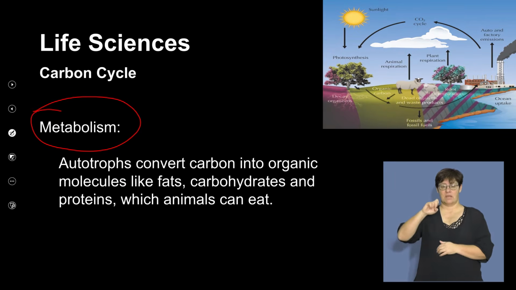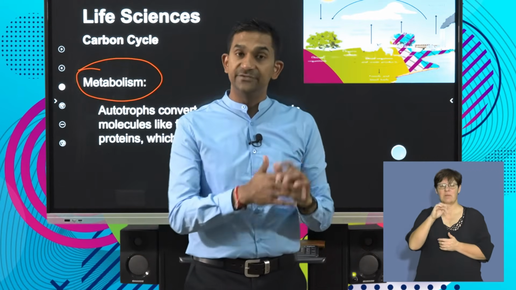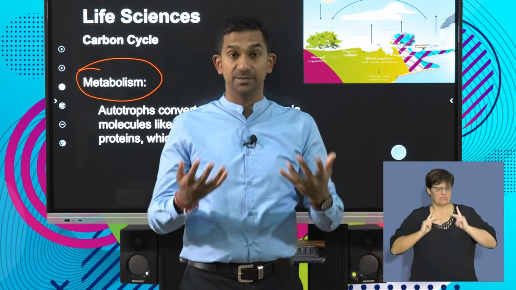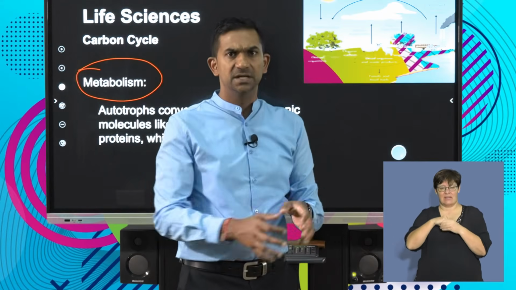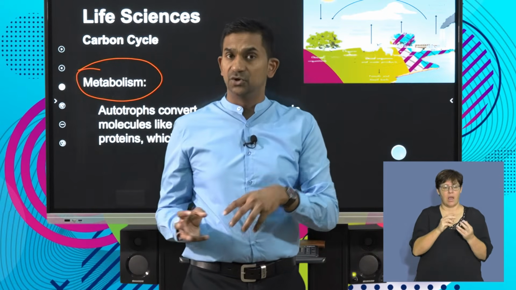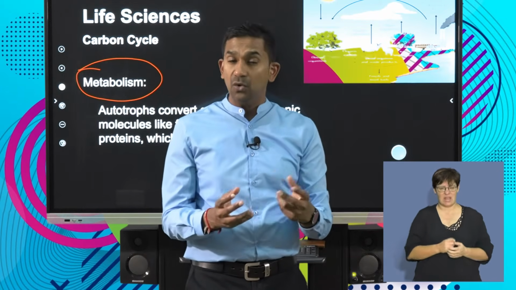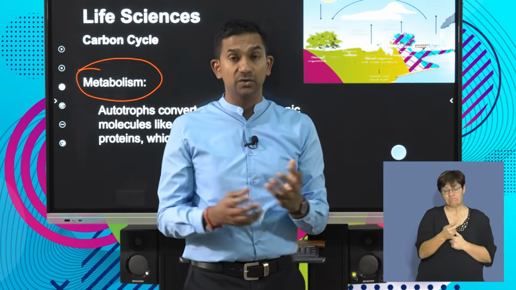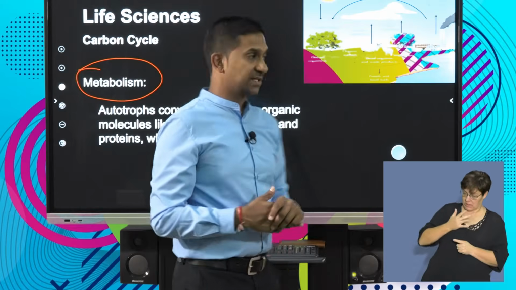So in the process of metabolism, to unpack the word, it refers to all the chemical reactions and physiological reactions, so the reactions that happen in an organism, the building up reactions, the breaking down reactions, those that are involved in digestion, production of energy, are all called metabolism. So those reactions in living organisms use oxygen and produce carbon dioxide.